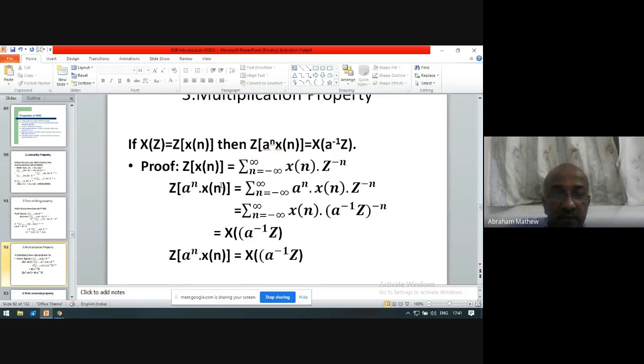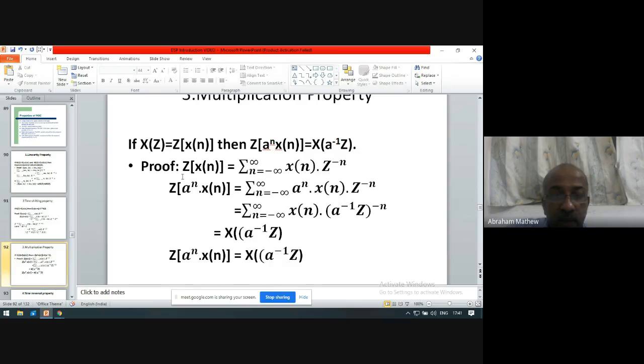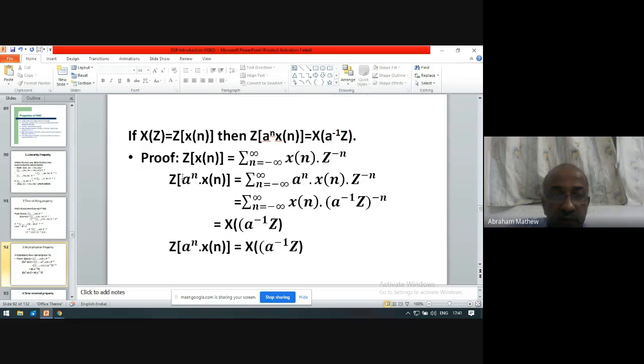This property is stated and proved here.